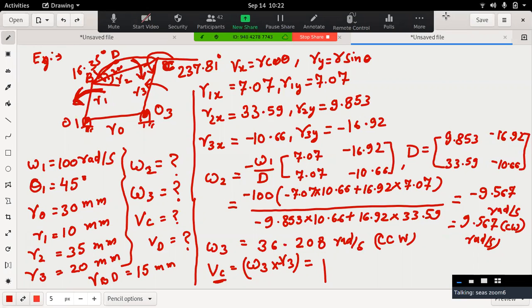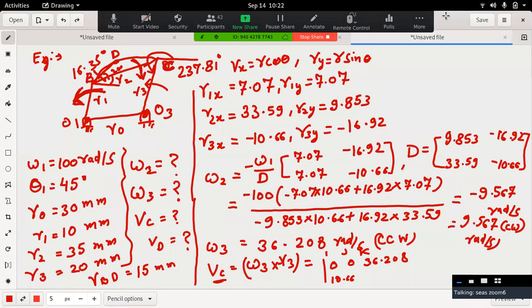So if we take I, J and K, and then we write omega 3, which we have just determined, it is 36.208. So 36.208, and R3x is 10.66.